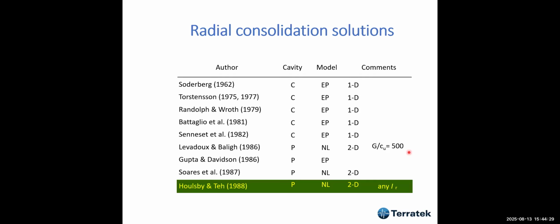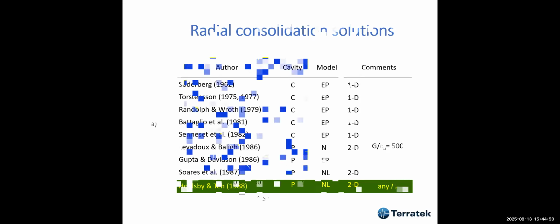Here are many solutions, and this one, Houlsby's, is what most people use, and I use this as well because it allows the piezo-cone cavity, the nonlinear model, and any value of G over Cu, which is the stiffness index, the rigidity index.